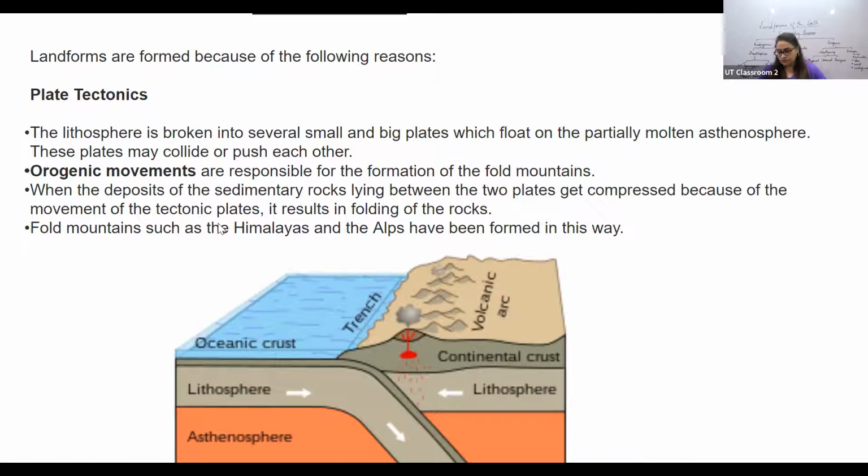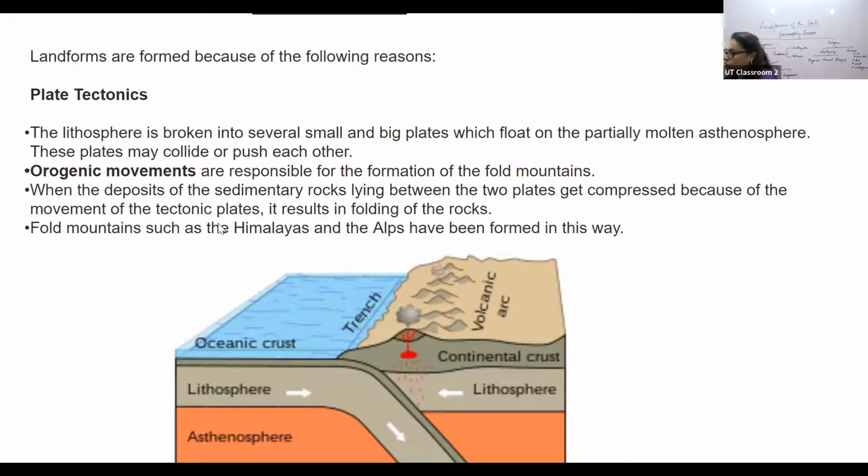Fold mountains. Formation of fold mountains. Example, Himalayas, Alps.